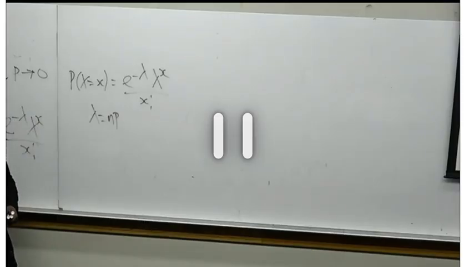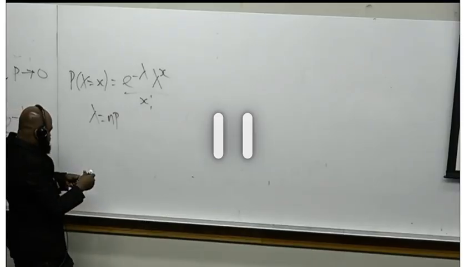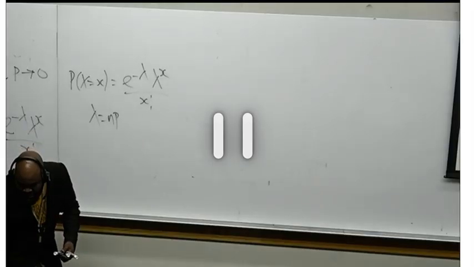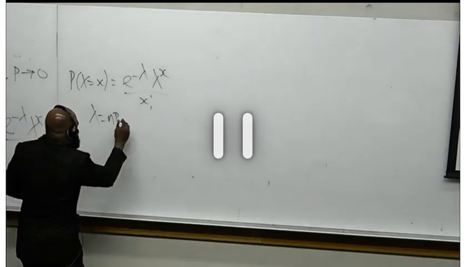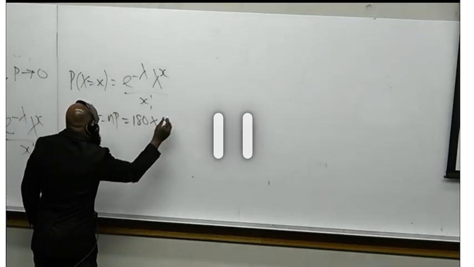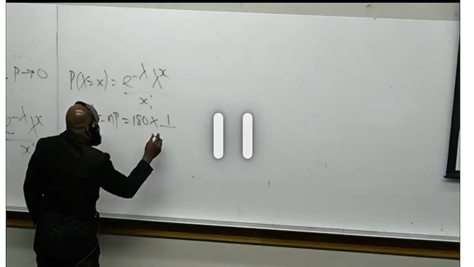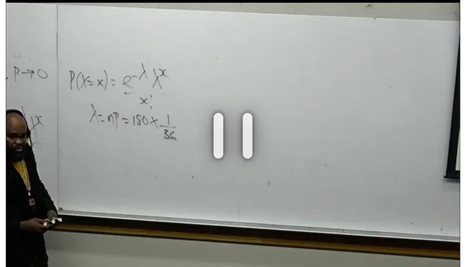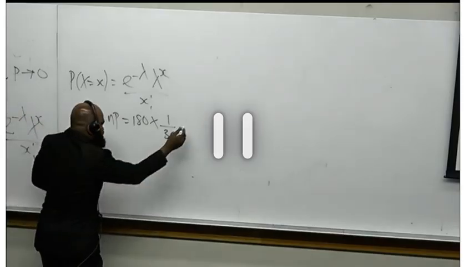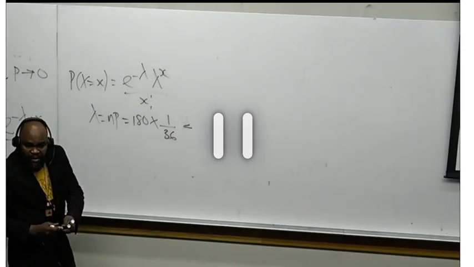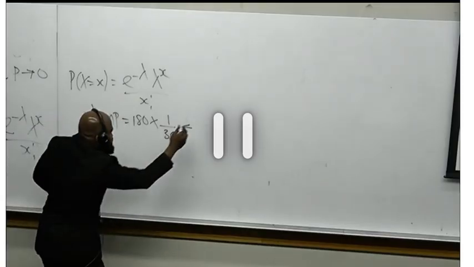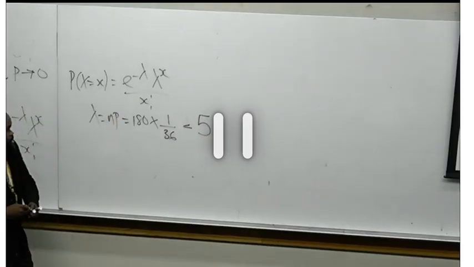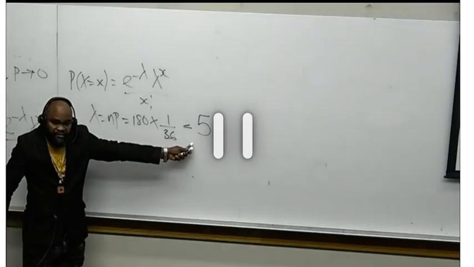In the problem we are solving, what is n? n is 180, multiplied by 1 over 36. Can somebody tell us what 180 divided by 36 is? Can you use your calculator? 5? Thank you. That gives us 5, right? Now, lambda equals 5.